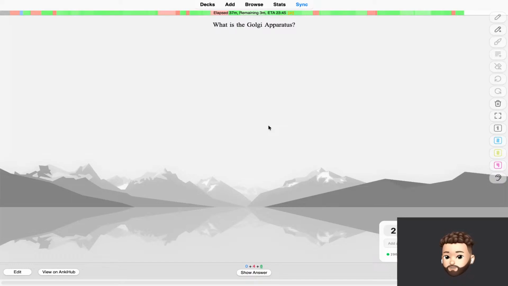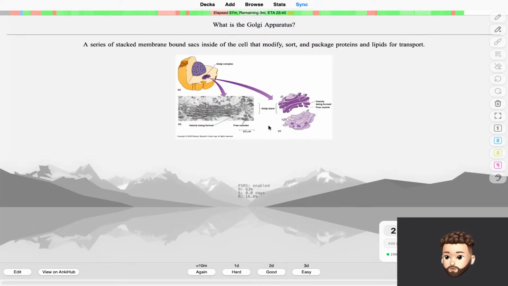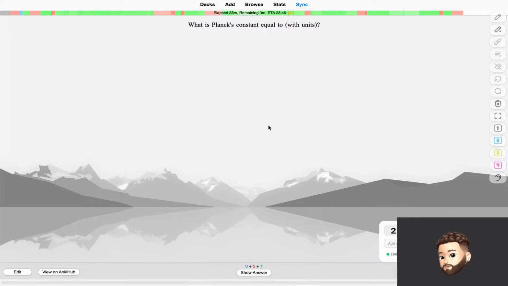I don't know if that's even part of this question. Those modifications can create a destination for a certain protein. Thank you. Damn. Proteins and lipids. I'm not giving myself that.